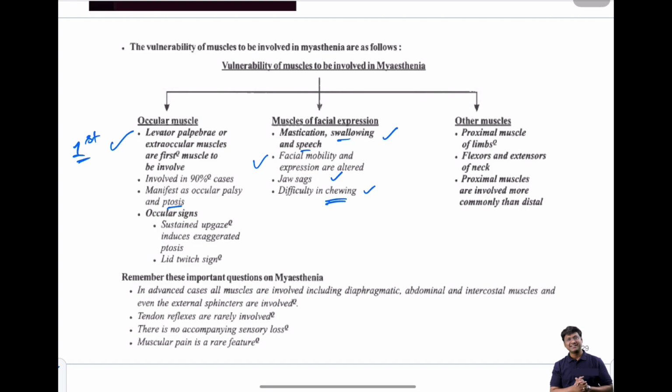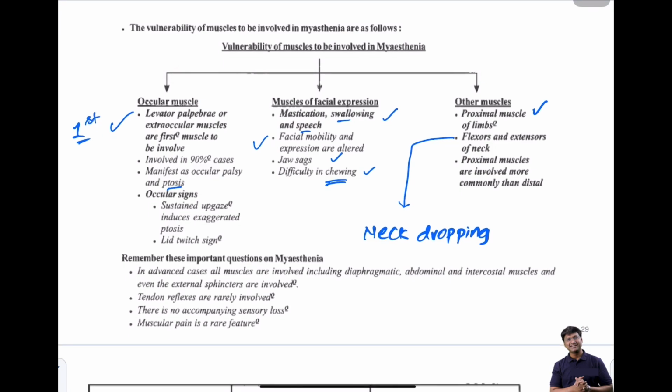Why do they have difficulty in chewing? That is because of involvement of the muscles of mastication. Within the limbs, proximal muscles are more commonly affected than distal muscles. And because of the involvement of flexors and extensors of the neck, there will be neck dropping. After the involvement of all these skeletal muscles, if the severity of the myasthenia is more, then there will be involvement of the respiratory muscles also.